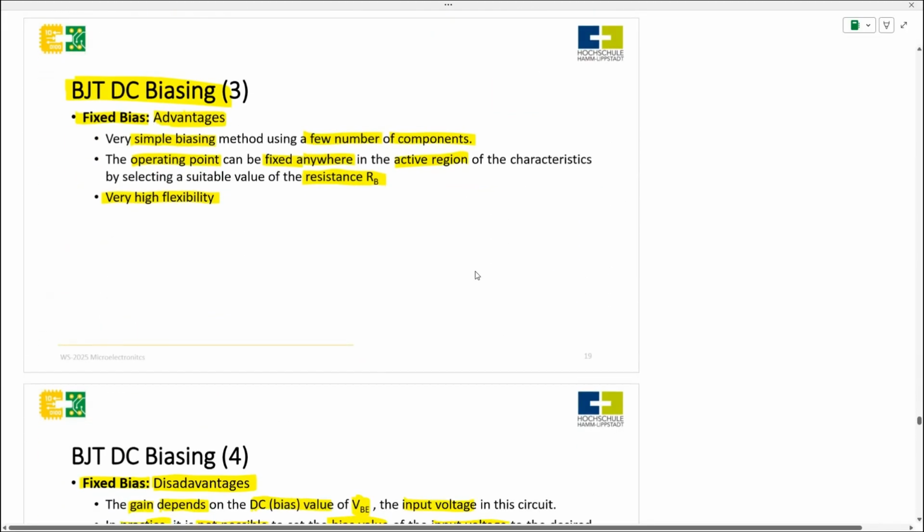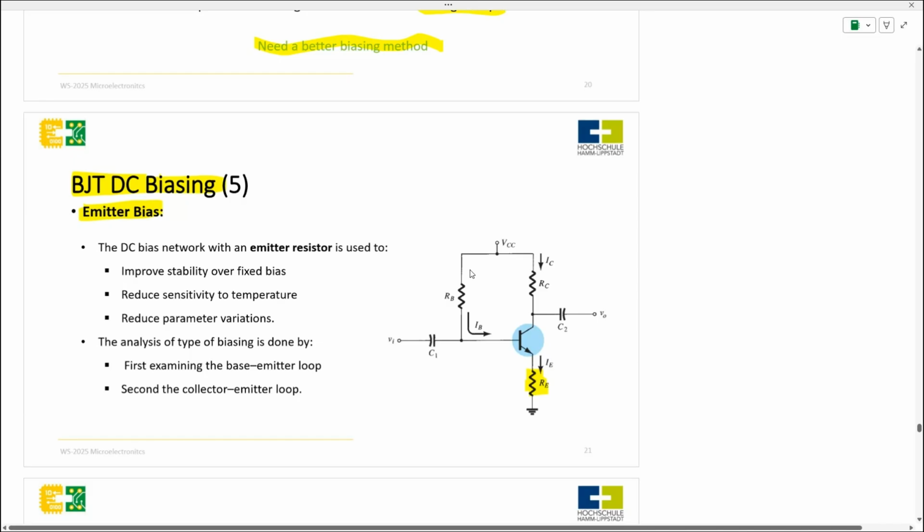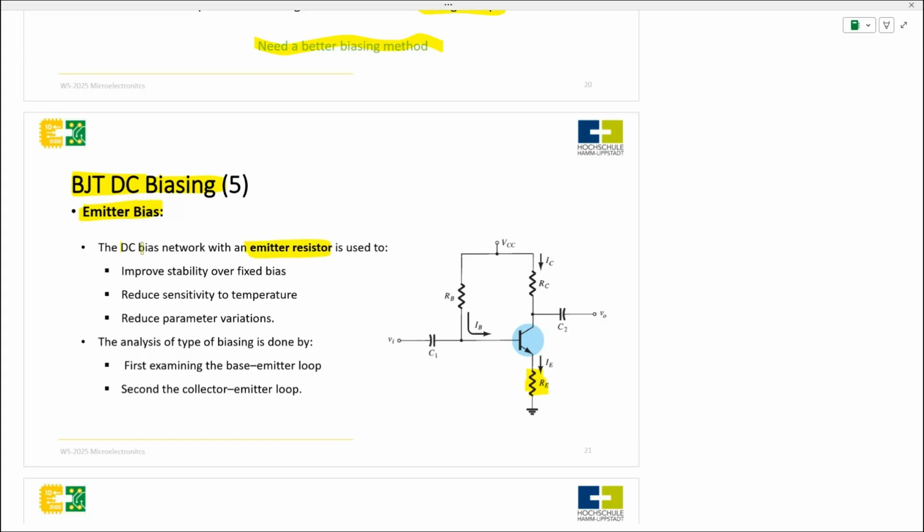The purpose of that is to improve stability over the fixed bias, to reduce sensitivity to temperature, and finally to reduce the parameter variation.